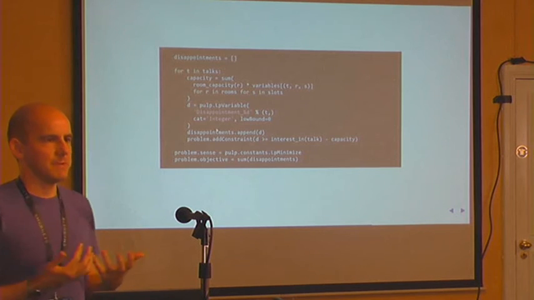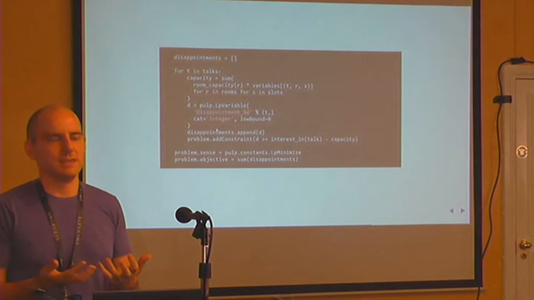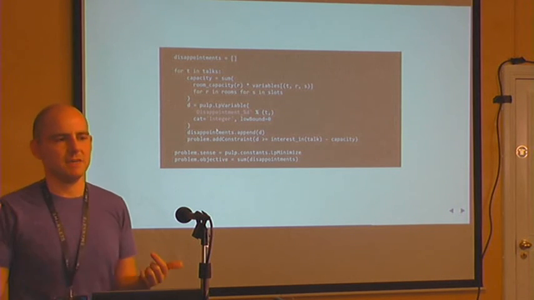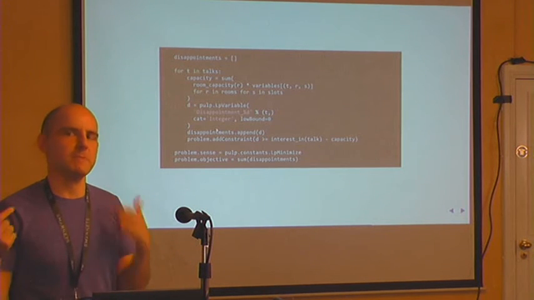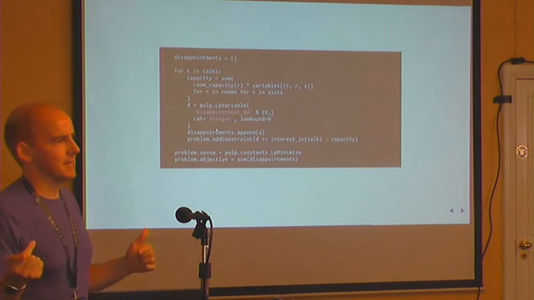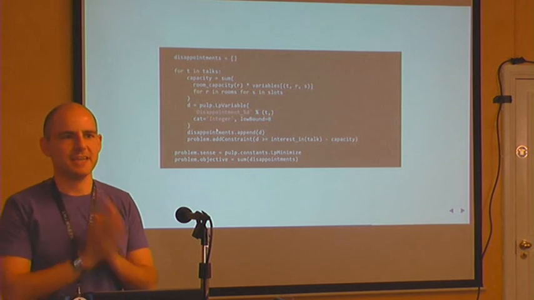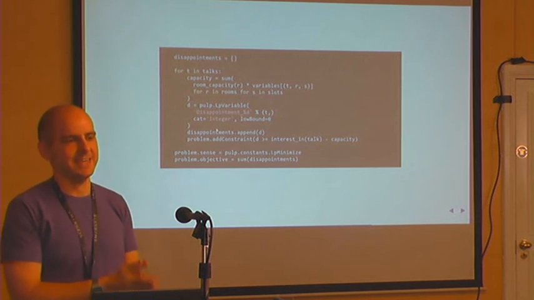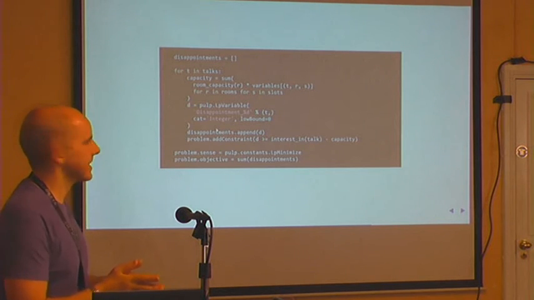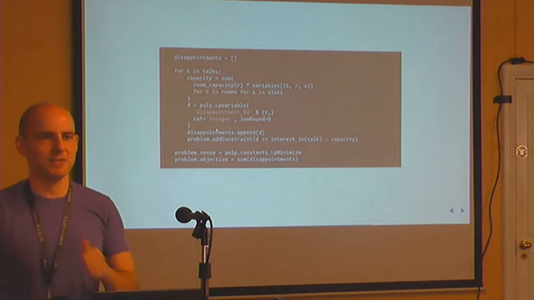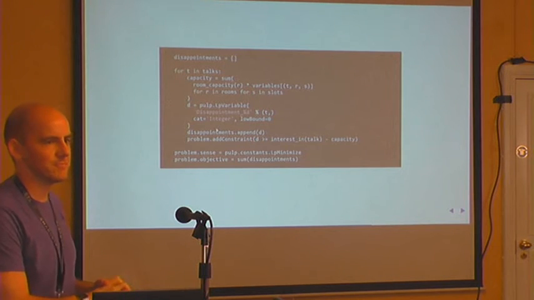And the number of people who are disappointed isn't just the number of people who are interested minus the capacity, because if that were the case, you would potentially get a negative number of people disappointed, and people don't work like that. You don't get some people who are really excited because there were 30 free slots in a room.